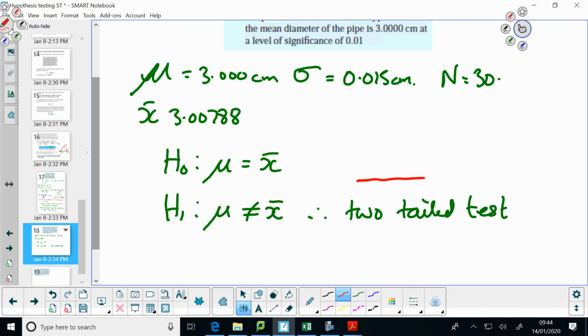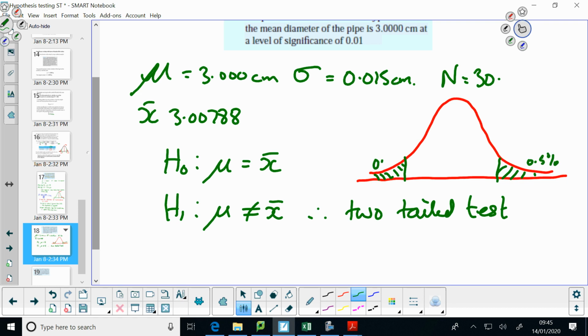So we're looking at a situation like so, and we're going 0.01. So it's 1%, so it's 0.5% that side, and 0.5% that side are the critical regions. At this time, the null hypothesis for 0.01 is 99%.